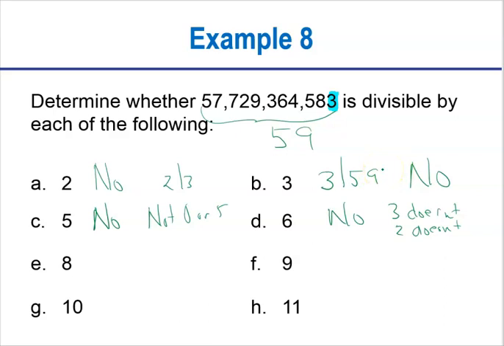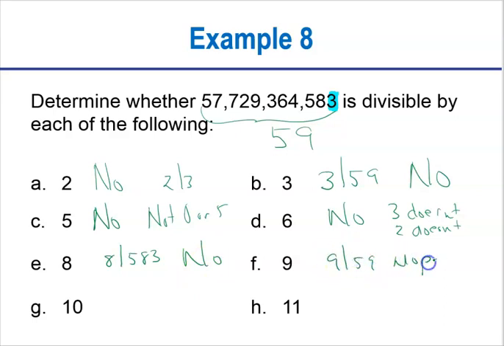Does 8 divide it? So what you're asking yourself is, does 8 divide 583? Now here real fast, I know 8 doesn't divide it because 2 doesn't even divide it. If 2 doesn't divide it, there's no way in the world 8 is going to divide it. So this answer is no. Does 9 divide it? Well, does 9 divide 59? Nope.